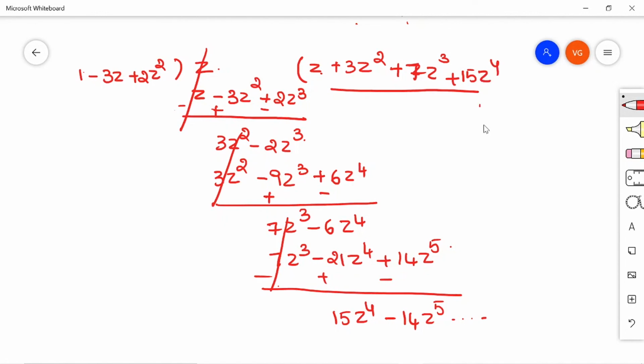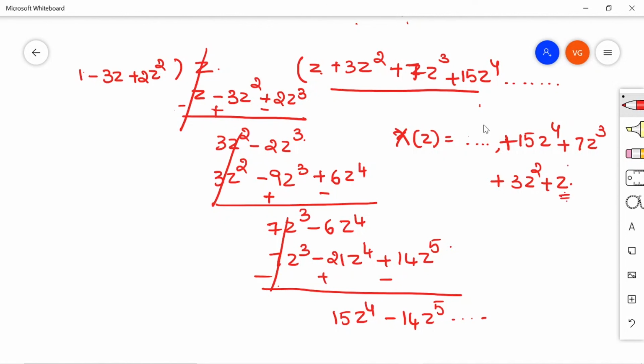So this will be your answer now. X of z, the quotient, you take it with the positive powers in decreasing order. This will be continuing, so on, plus 15z power 4 plus 7z cube plus 3z square plus z. Z will be the last term. As it is a negative time sequence, z power 1 will be the last one.